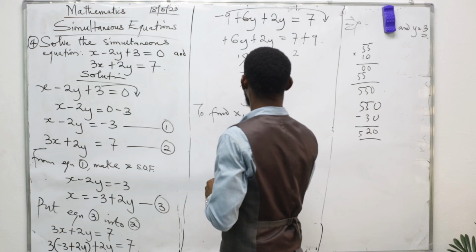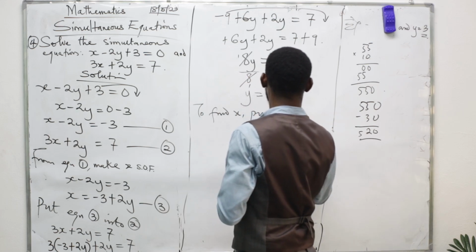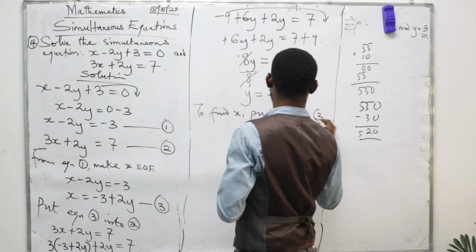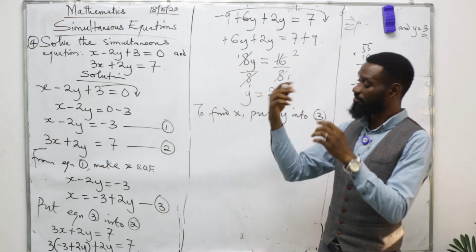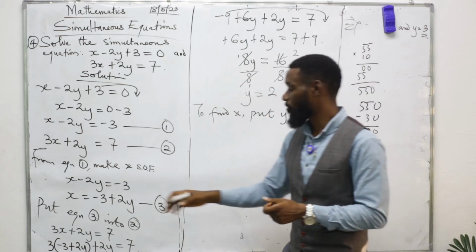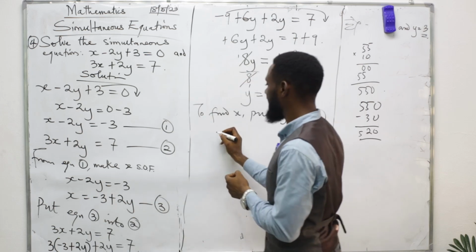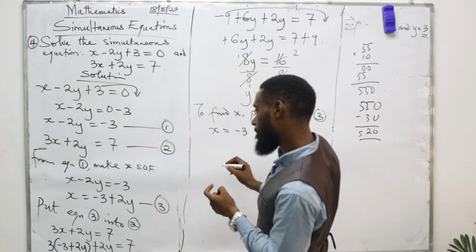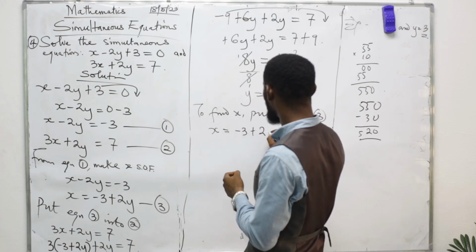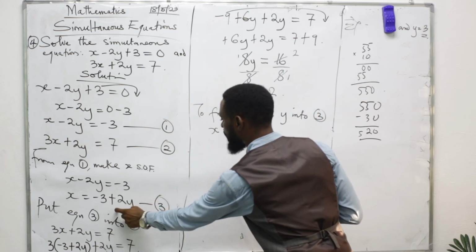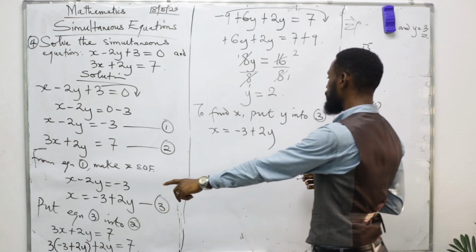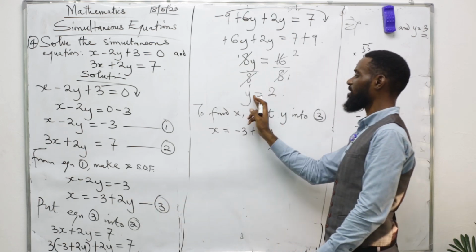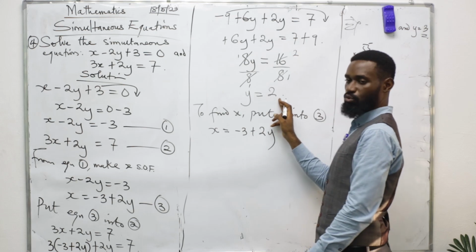So to find x, put y into equation 3. Equation 3 is where we have already gotten the subject of formula for x. So equation 3 is x is equal to minus 3 plus 2y. This is our equation 3 here. Where we have the value of y, we put 2 there.